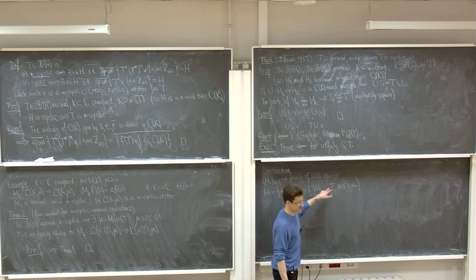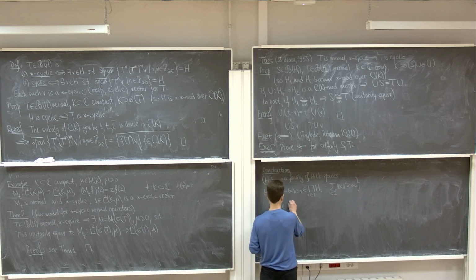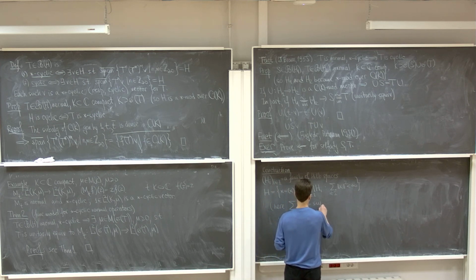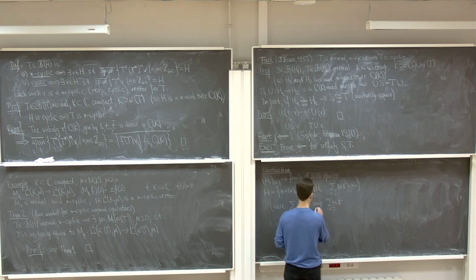So what does it mean? If I is countable, then it's clear what it means. But in the general case, we define this sum to be the supremum of finite sums.